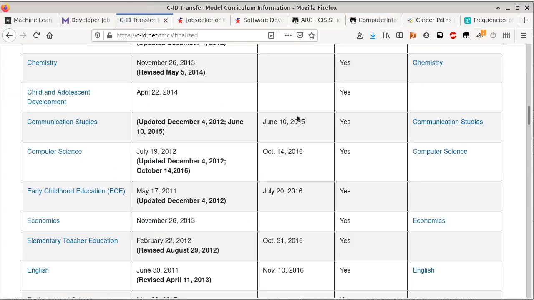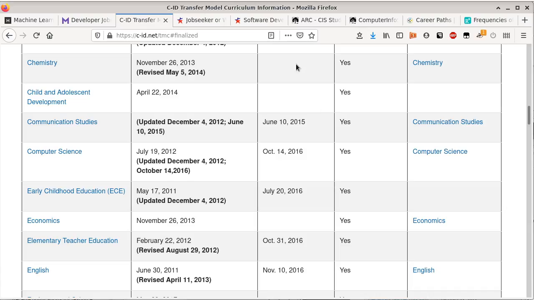But if everything goes the way of the AST, or Associate of Science Transferable, then hopefully we'll get to this part here, because all of our classes at ARC are already revised to comply with the CID transfer model. ARC is one of the few campuses in the district where all of our classes are already updated for CID transfer purposes.